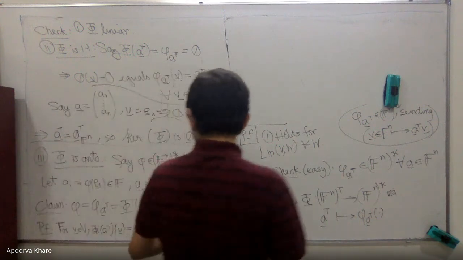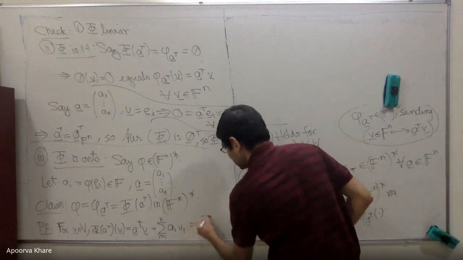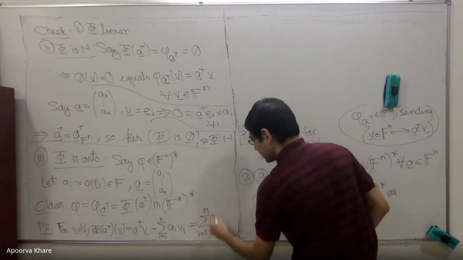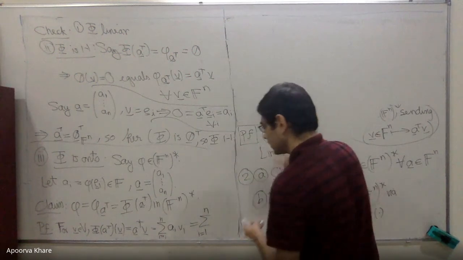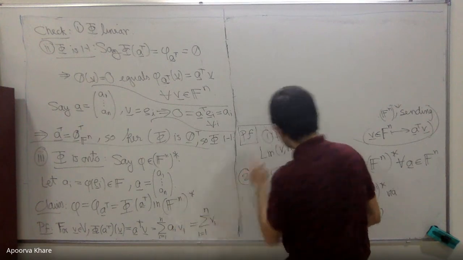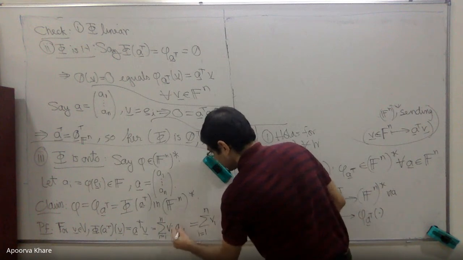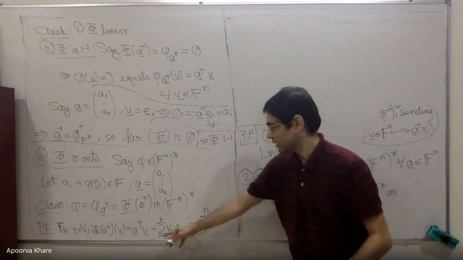And now, on the other hand, I want phi of V. Now I know what to do. So this is I equals 1 to n. What was AI? AI was phi of EI. Everything is scalar here, so let me say VI times AI. The inner product of A and V is the same as the inner product of V and A. And so this is equal to this.